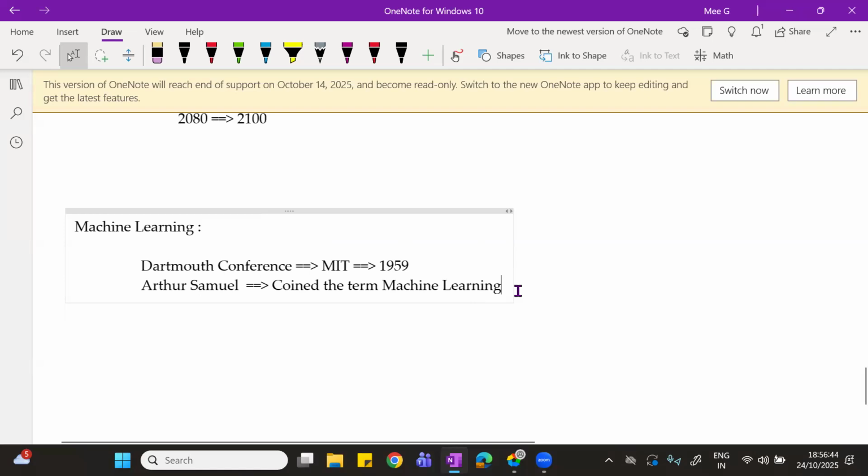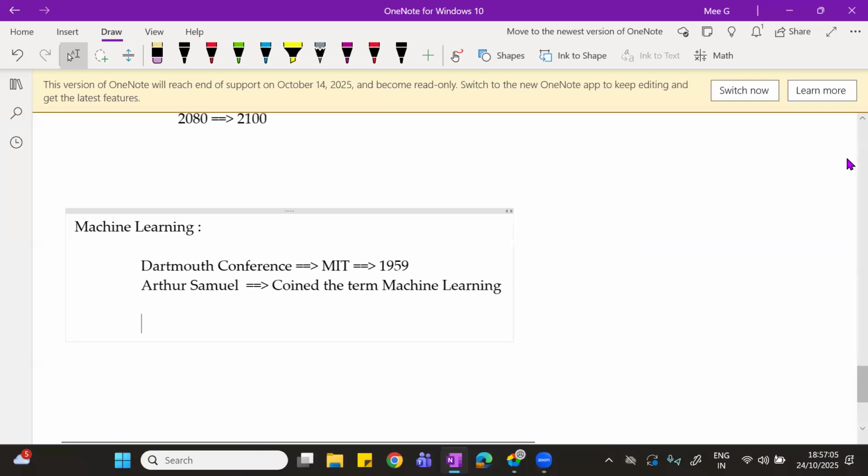Okay, machine learning. He is the one who coined the term machine learning. Now, how it happened: this is not just a concept. He actually experienced things, and based on that, he came up with the word machine learning.